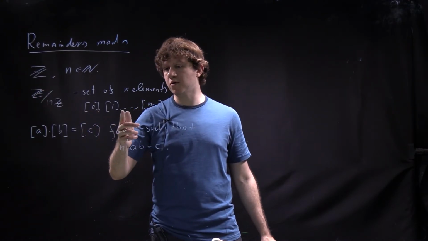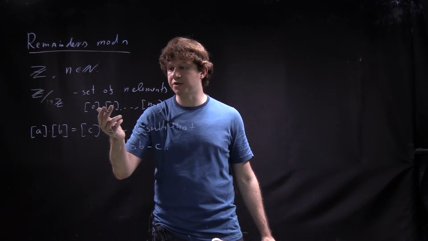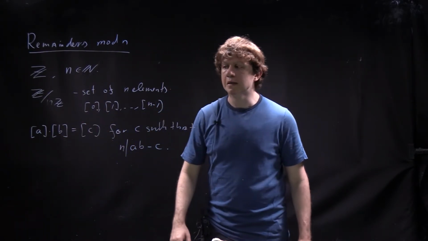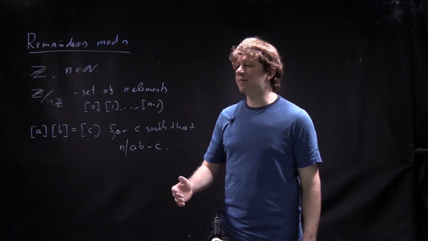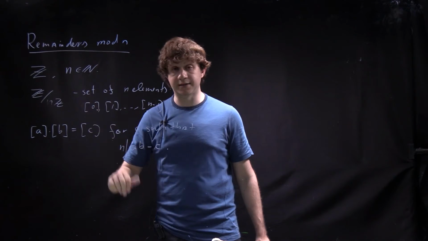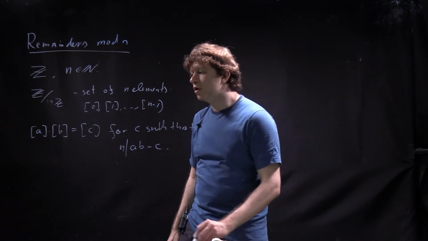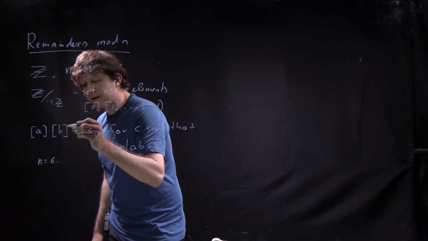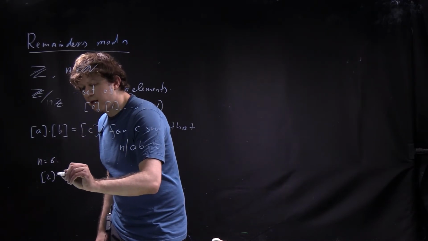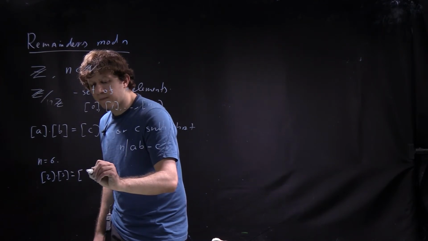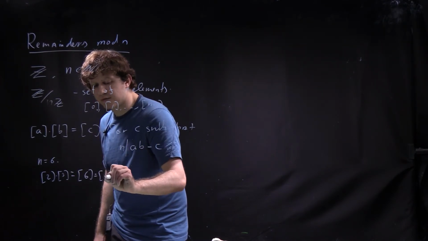And the reason is, for instance, 0 doesn't have any inverse, because you multiply anything by 0, you get 0. And it's tempting to forget about 0 and look at the rest, but that's still not a group. For instance, if you take n equal to 6, then you can take a class of 2, multiply by a class of 3, and you will get a class of 6, which is class of 0.